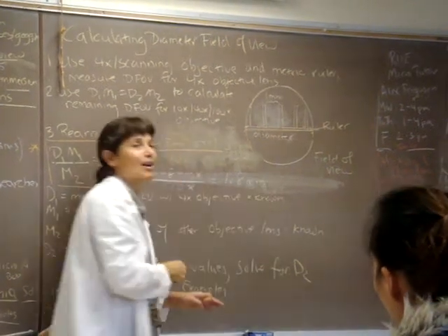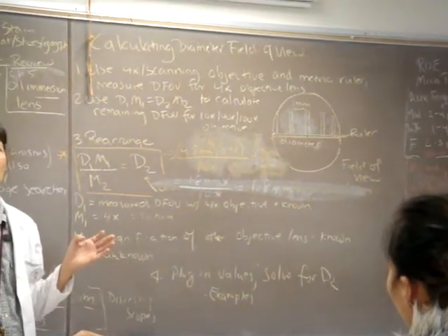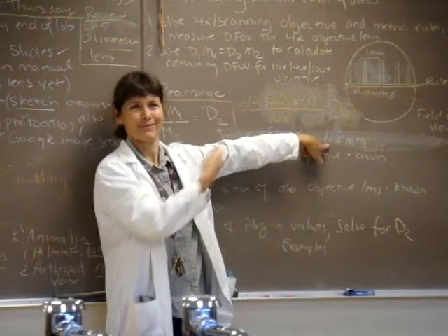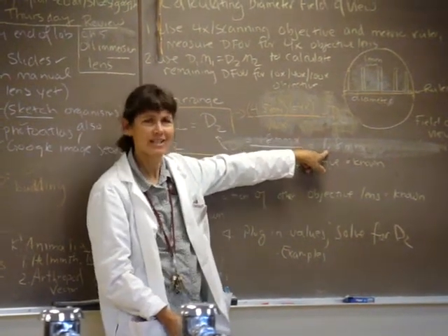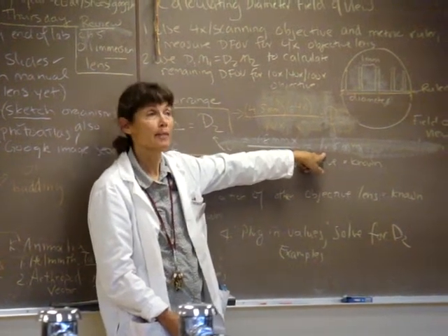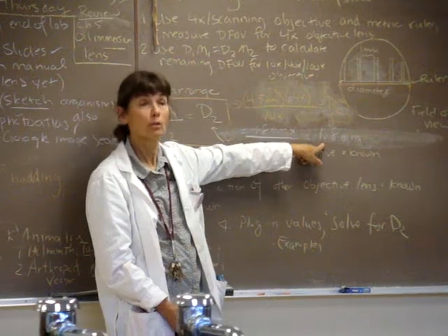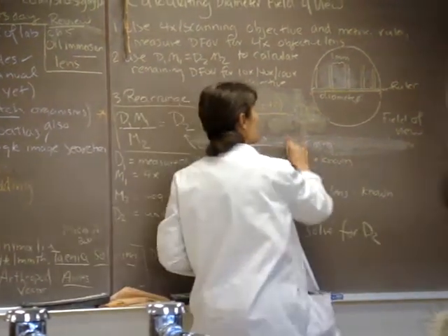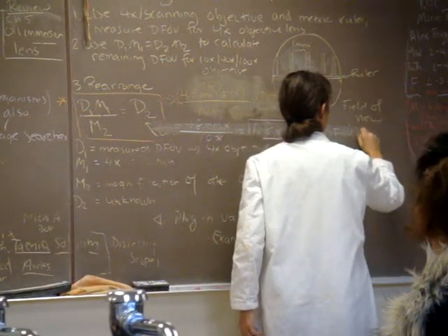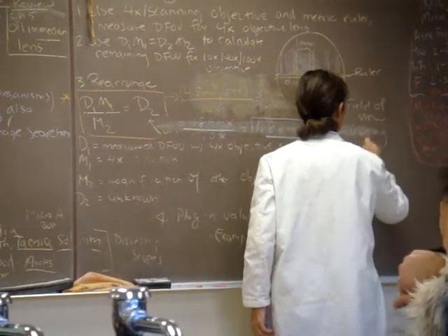Now this is always the problem, you guys. You go to all this work and you're like, so what is that? So what is that, you guys? What is that 1.8 millimeters? Why was I doing this? Diameter of the 10x. That's going to be the diameter of the field of view using your low power lens, right? Okay, and that's what happens with all these equations. Diameter field of view using 10x, right?